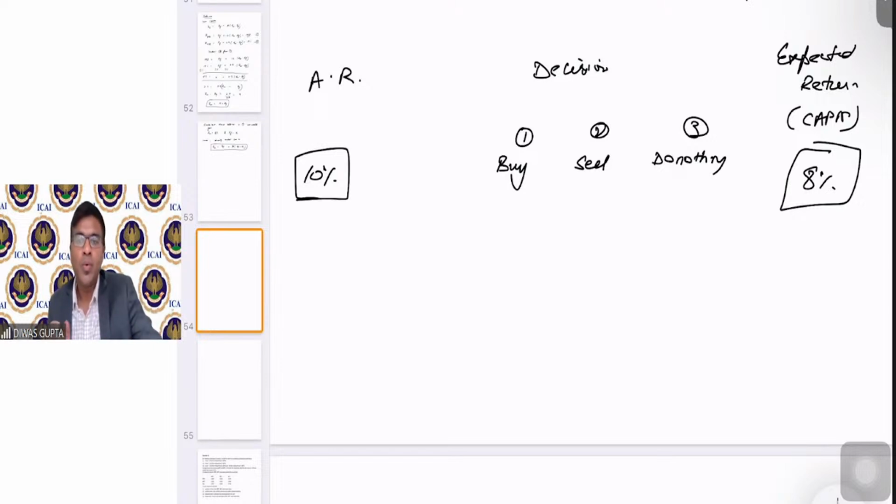Will you buy that security from the market, sell it, or do nothing?